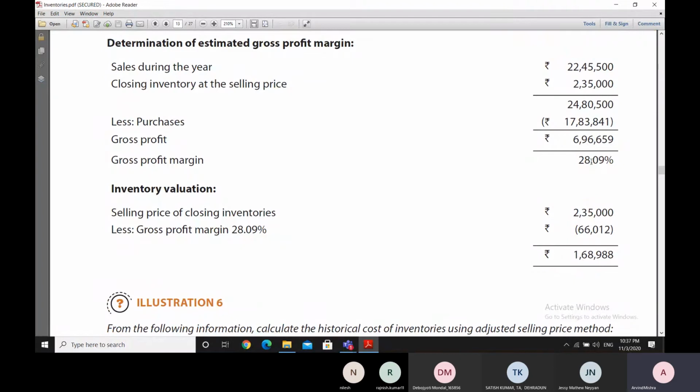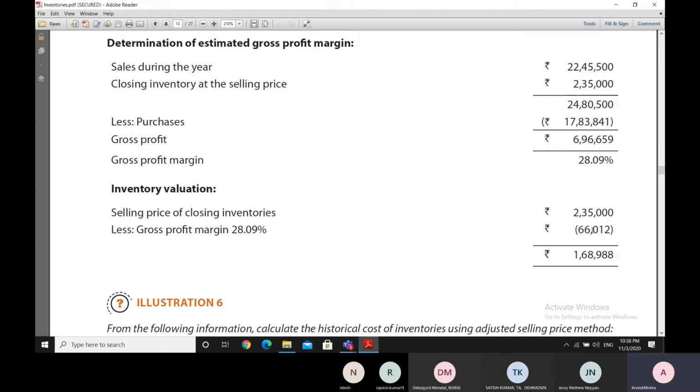So therefore, we get a gross profit margin. First, we compute the gross profit margin that we are getting here, and then from the selling price of the closing inventory, which is 2,35,000, we are reducing the gross profit margin. We are taking 28.09% of 2,35,000, which is the gross profit margin, which is equal to 66,012.